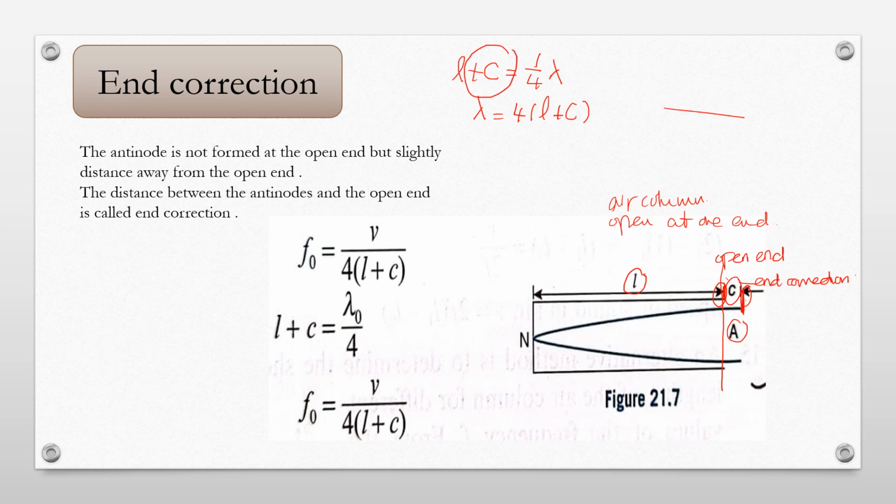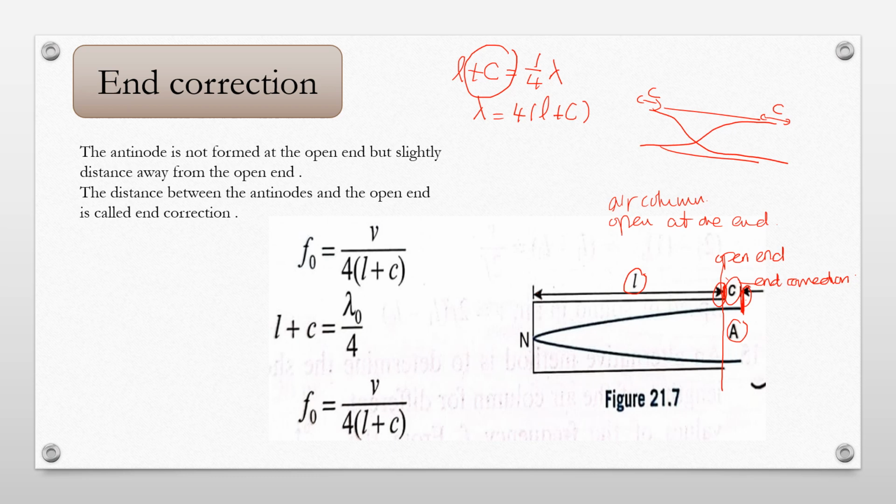For example, if it is open at both ends and the antinode is formed like that, that means there's 1C here and 1C there. So your answer will be plus 2C.